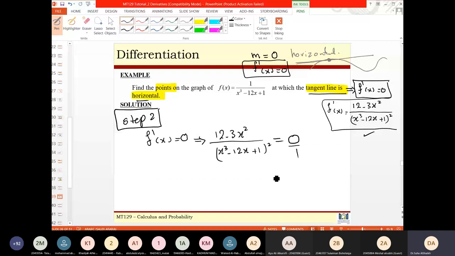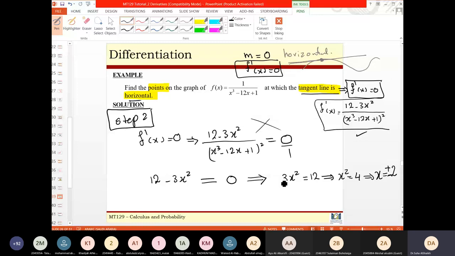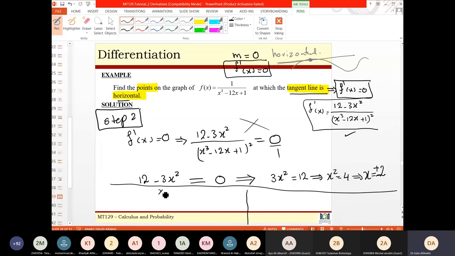So it is 12 minus 3x squared equal to 0 multiplied with this, equal to 0. So it became easier now. This implies 3x squared equals 12. This implies x squared equals 4. This implies x equals plus or minus 2. We have two cases here: one time x is equal to 2, and one time x is equal to minus 2.